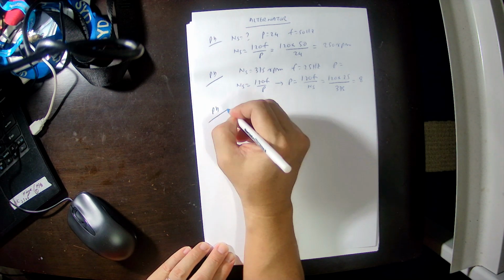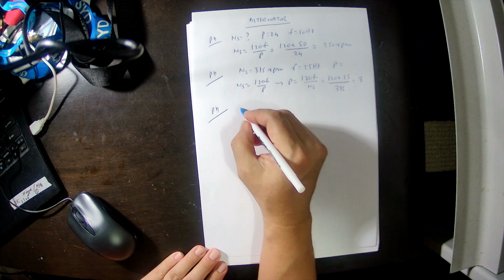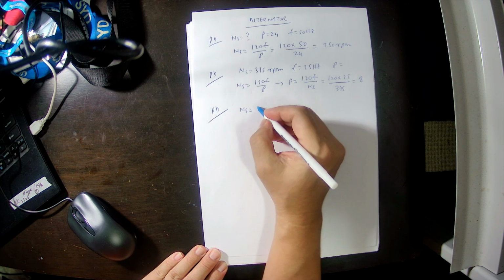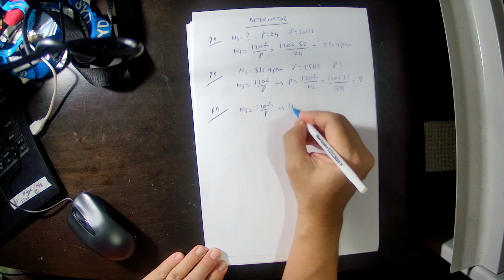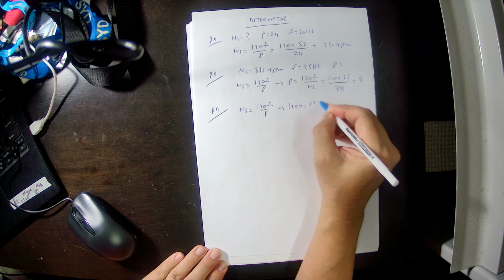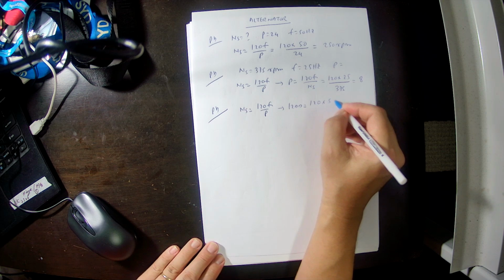Another problem. Is it possible to design a 50 Hz alternator rated at 1200 RPM? So we have to calculate the number of poles, NS equal to 120 F divided by P. So NS is 1200, frequency 50 Hz, and number of poles can be calculated.